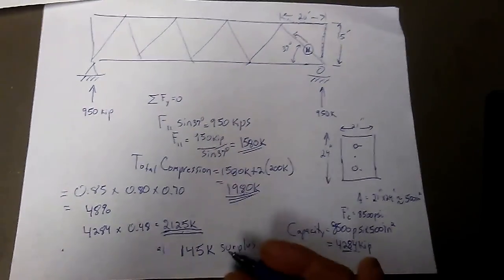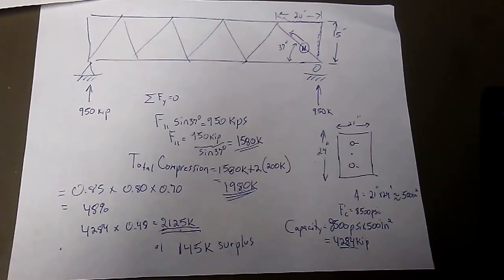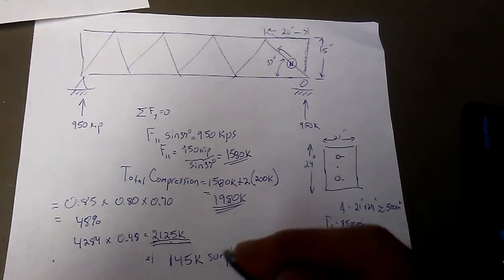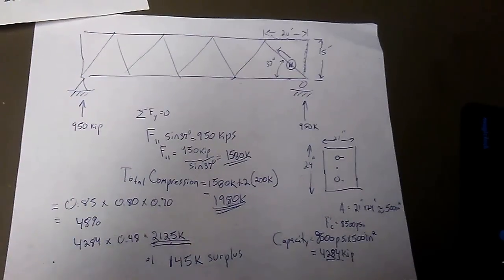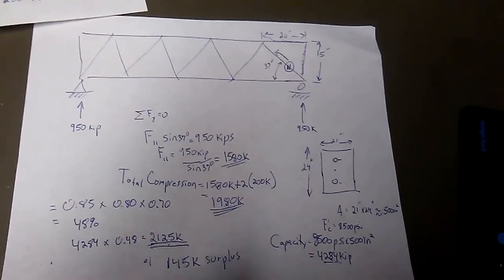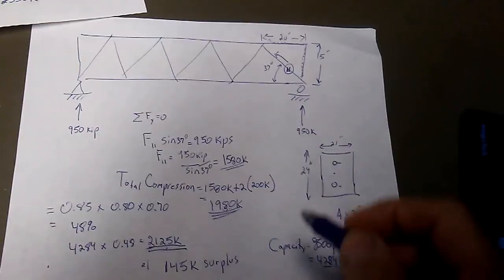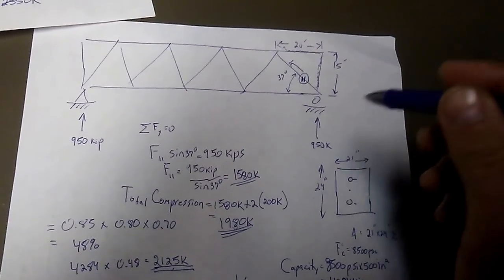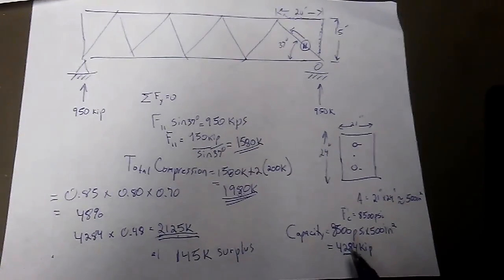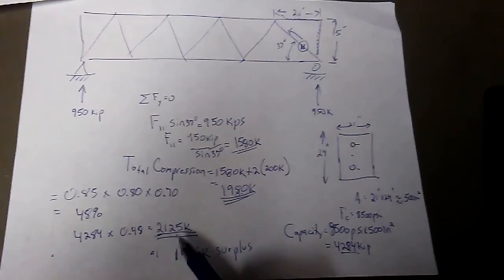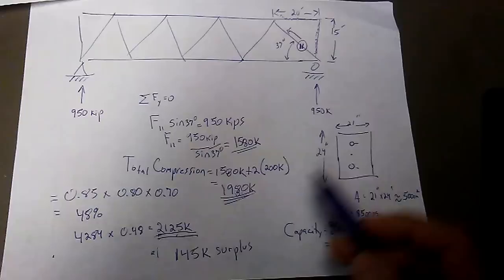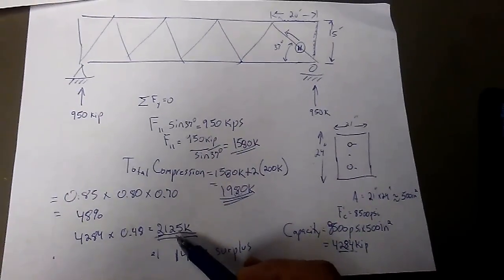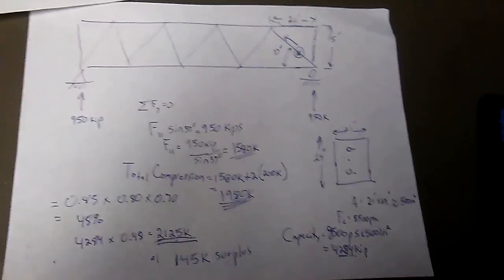When you have a compression member that's also seeing bending, the amount of compression that it can take is reduced, as opposed to a member that has no bending and is only seeing compression. So a member in pure compression can see, in this case, a total capacity of 2125, but when I add compression and a bending moment, this 2125 capacity is reduced.